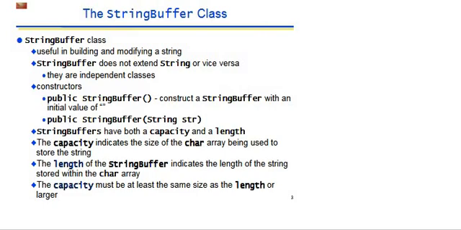The capacity indicates the size of the char array being used to store the string. The length, as usual, indicates the length of the string stored within the char array.